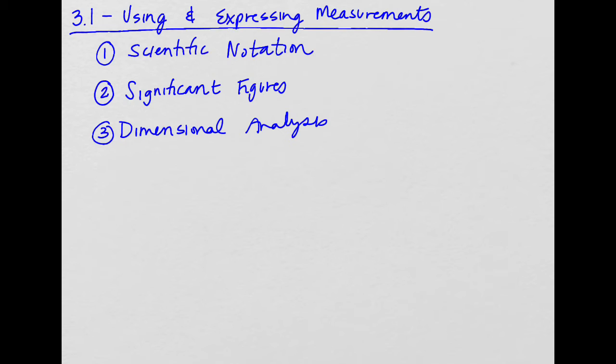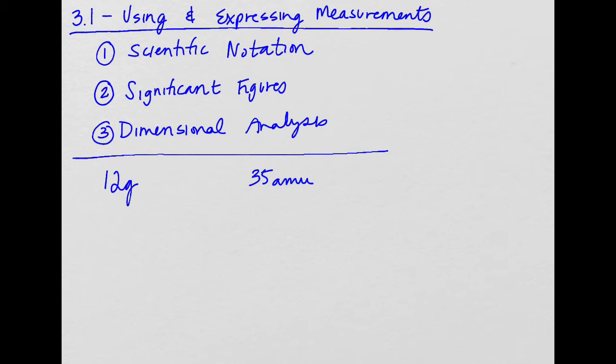So let's begin. Scientific notation. We have measurements, and they are fundamental to experimental sciences, meaning we've already seen this. We've said 12 grams, or 35 AMU, right?